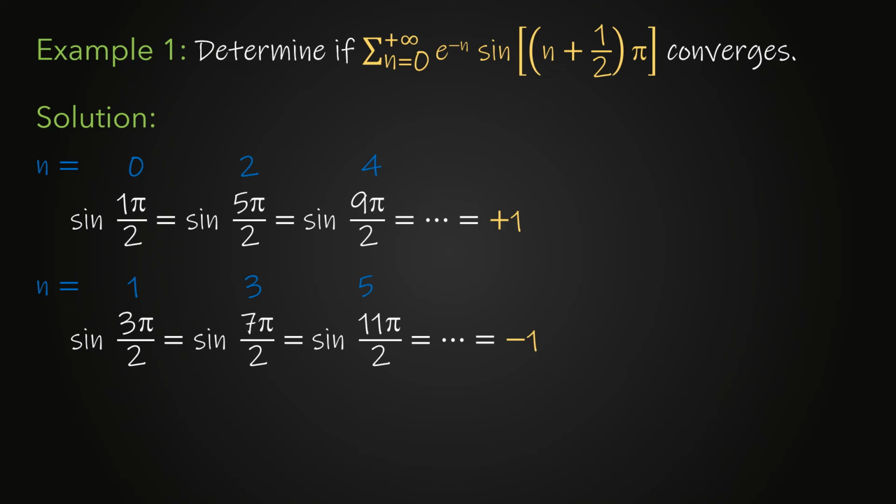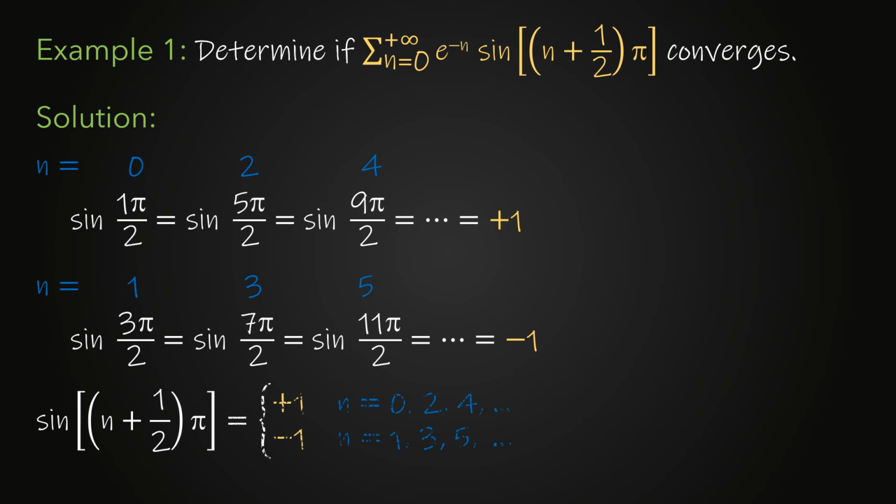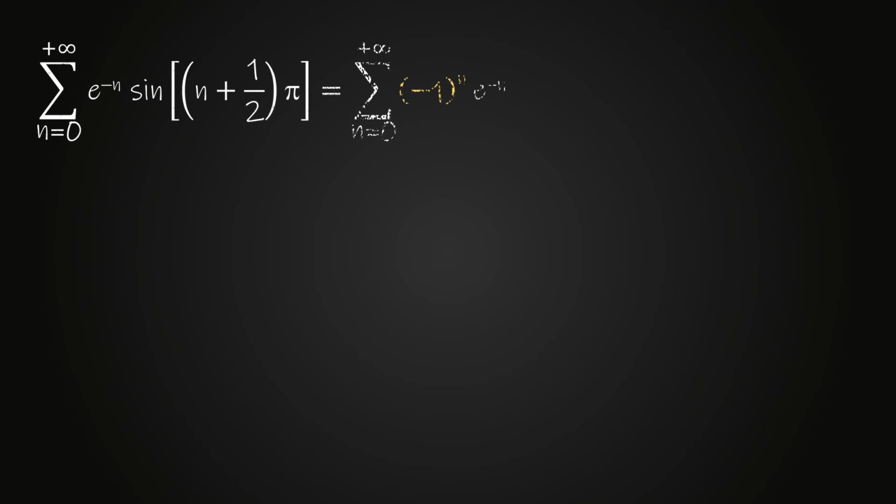As a consequence, the given sine function can be written as the following piecewise function, and as powers of -1, which leads to +1 if the exponent is 0 or even, or -1 if the exponent is odd. It follows that the series is equivalent to this alternating series.